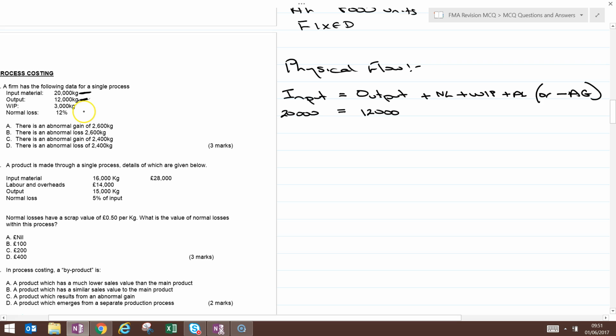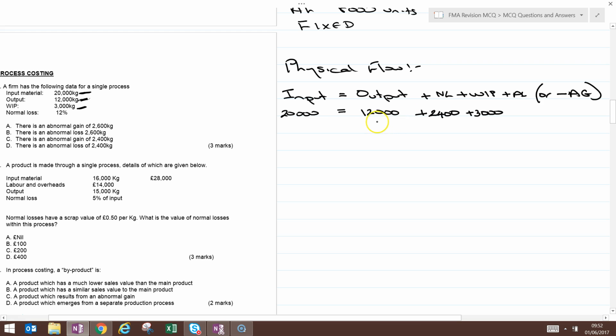So that is 12% of 20,000, which is 2,400. The work in progress, we've been told, is 3,000 kilos. And we're asked to work out either the abnormal loss or abnormal gain. So it's the figure that we need to make the two sides of the physical flow balance.